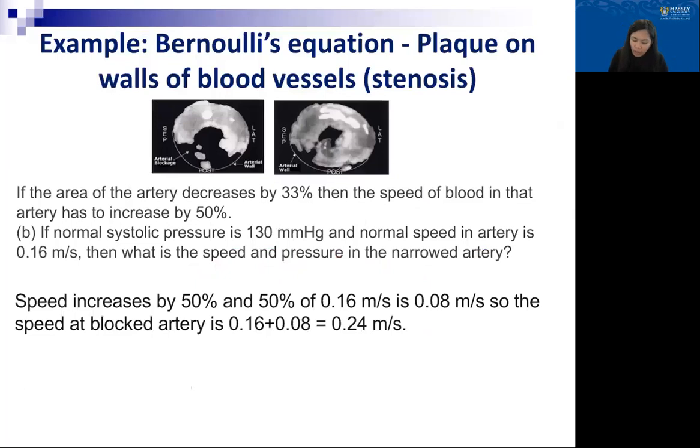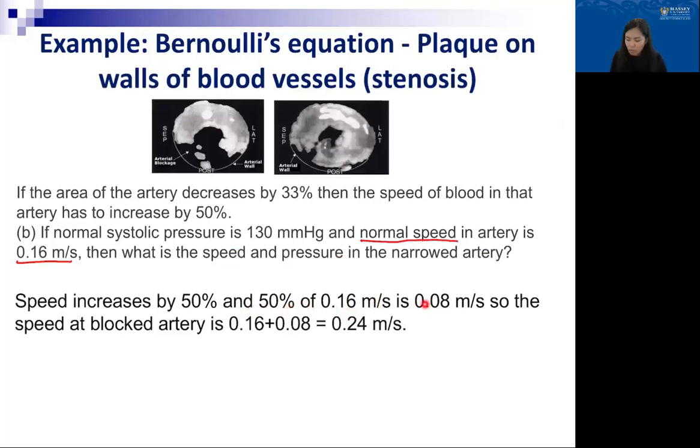Right? So the speed increases by 50%. That's what we've seen earlier. We've worked that out. So if the original speed is 0.16 meters per second, that's the original speed in the normal artery, that increases by 50%.